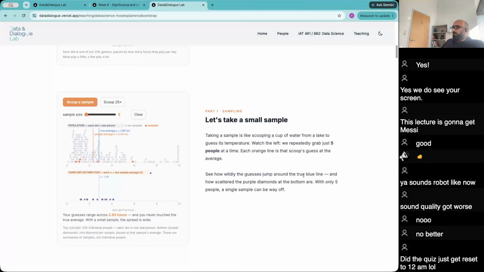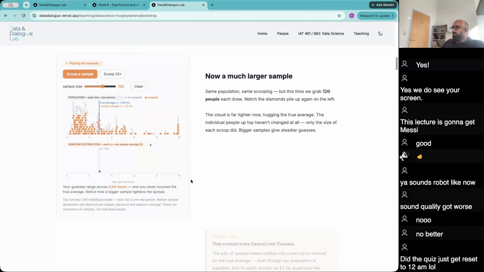So the idea is that I've shown you this before. You can see how scattered these are, right? If I click here, the means are scattered around this. I can keep picking samples of 5 from this population, and some of them are closer to the mean, there's more of them that are closer, but it's very wide.